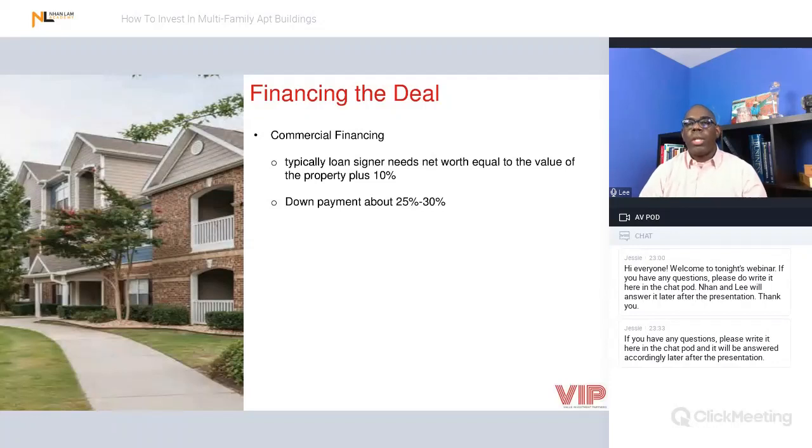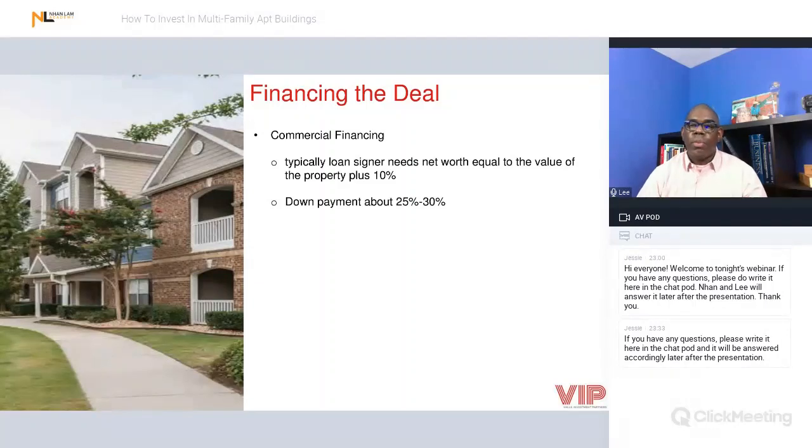So similar to if you're investing in single family, you're going to have a down payment. The down payment when you're doing multifamily is going to be typically between 25 and 30%, right? And in order to secure this deal, you're going to need somebody called a key principal.